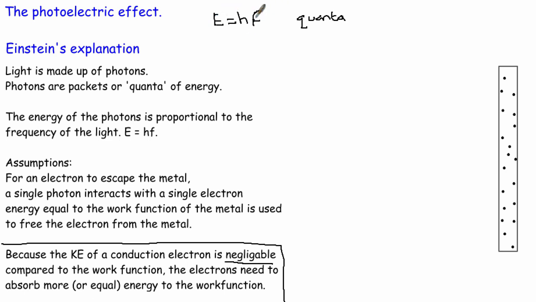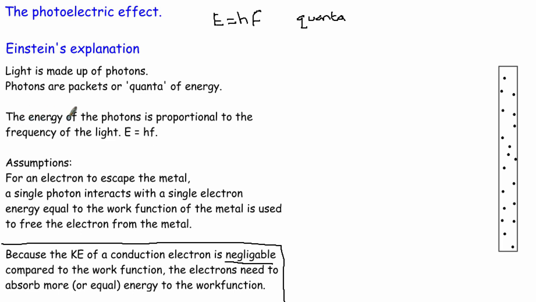Because the experiments were looking at how frequency changed, it gave Albert Einstein a hint that frequency and energy are related, and so therefore you can use Planck's quanta idea. So Einstein said, okay, I'm going to assume light's made up of these small packets, but I'm going to call them photons instead. And these photons are these quanta that Planck was going on about.